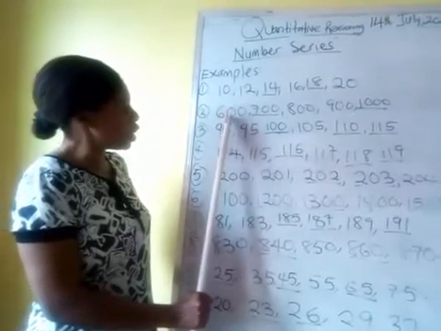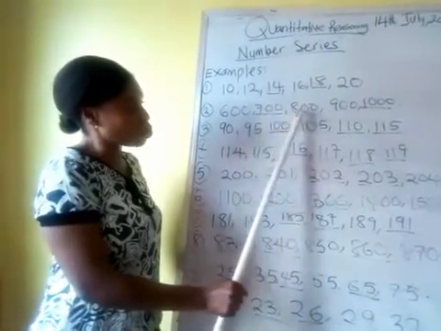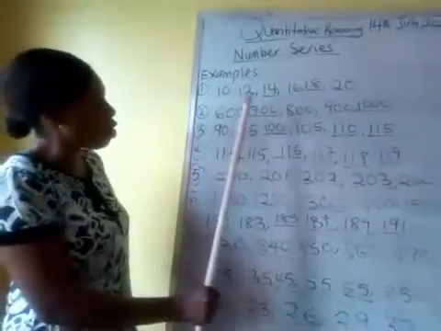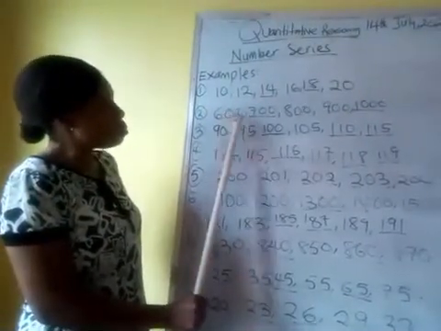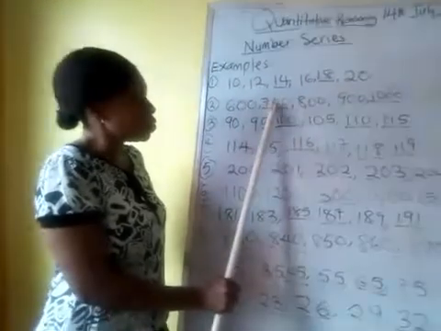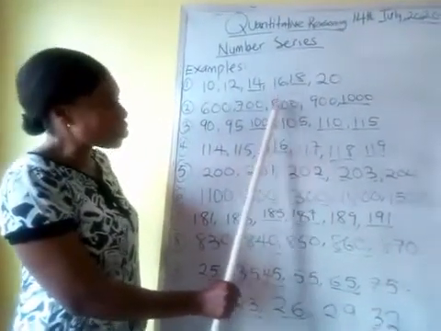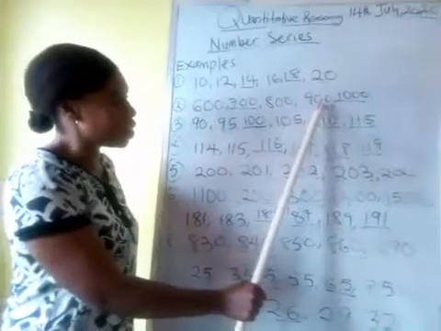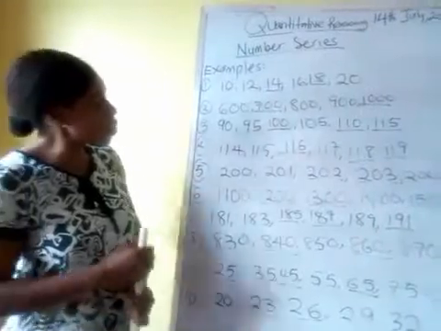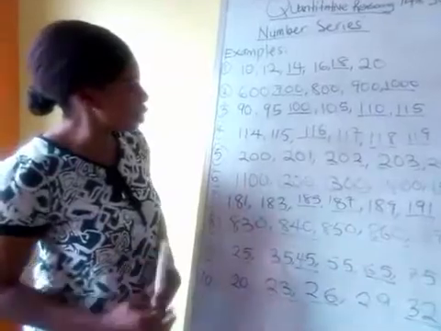The next number after 600 is 700, because the numbers are arranged in the pattern of hundreds. 600 plus what number gives 700? 100. 600 plus 100 gives you 700. 700 plus 100 gives you 800. 800 plus 100 gives you 900. 900 plus 100 gives you what? 1000. So what does this tell us? It tells us that we are adding 100 to each number to get the next one.